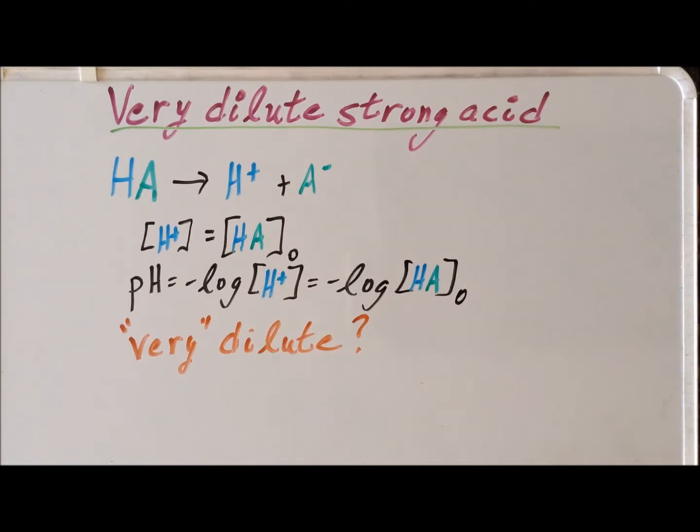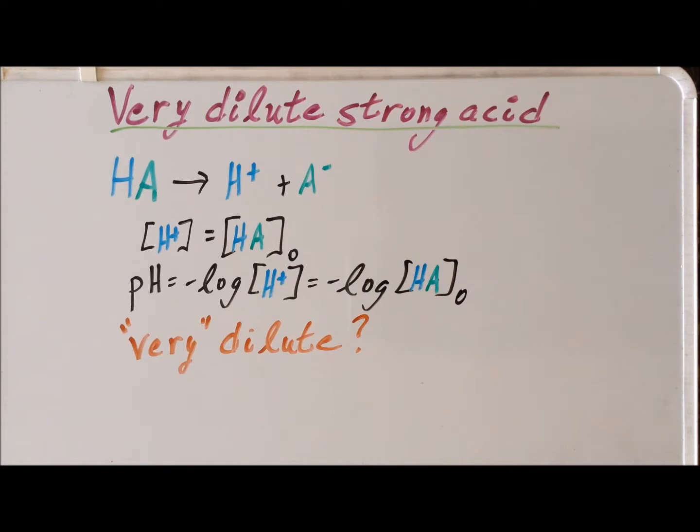So, if dilute means 10 to the minus 1 molar, what do I mean by very dilute? Very dilute means that the concentration of the strong acid is in the same range as the normal hydrogen ion concentration for a pure solution of water, which would be 10 to the minus 7 molar.